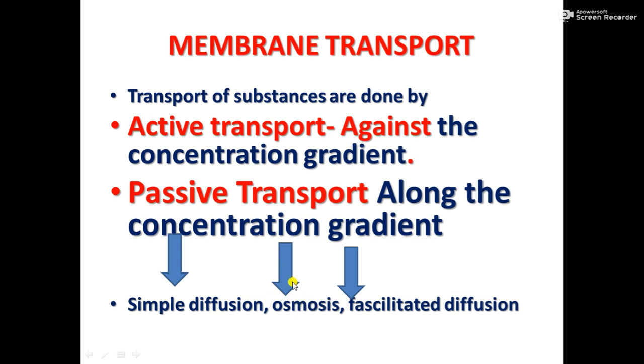So movement of water across the membrane from a hypotonic solution into the cell, or sometimes if the cell sap is more concentrated and outside there is a hypertonic solution, then water will be lost from the cell. Movement of water into the cell is endosmosis, and movement of water out of the cell is exosmosis. So as per the concentration outside, exosmosis or endosmosis can take place.